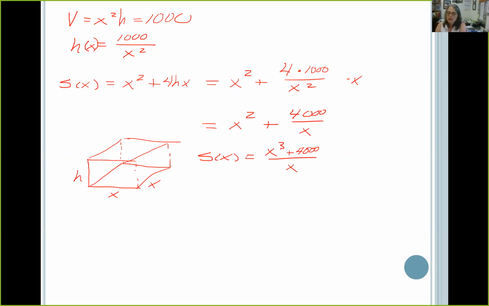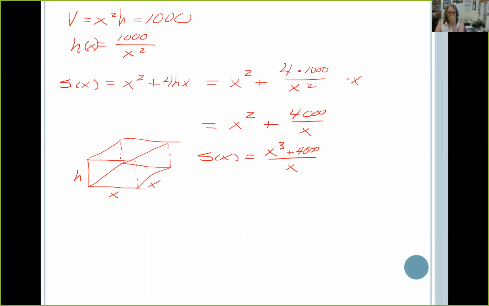That means we've got a horizontal asymptote. No, we've got a vertical asymptote at x equals 0. We will not have a horizontal asymptote because the degree of my numerator is bigger. We will, though, as x goes to positive infinity, approach a quadratic equation.